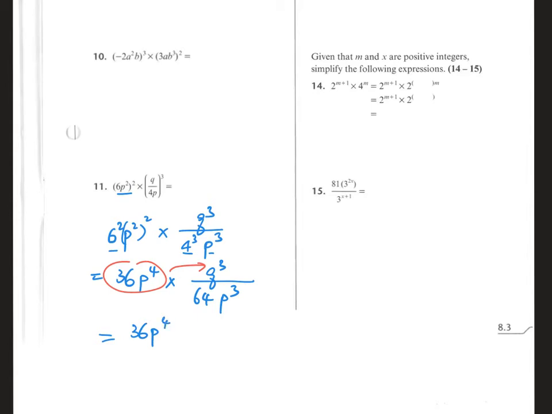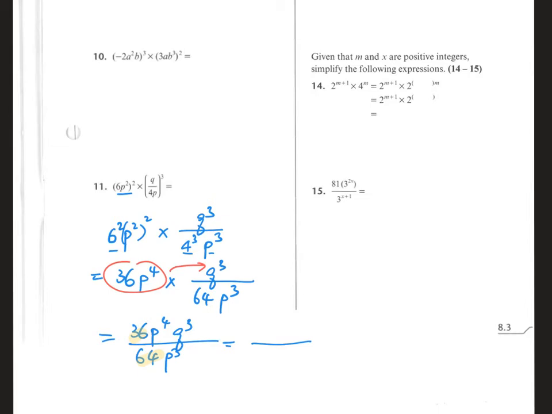So on top now becomes 36p to the power 4 q cube divided by 64p cube. In this way, do you find that it's easier to cancel? Hopefully yes. Now 36 and 64 can be cancelled by, can you check it out by yourselves?